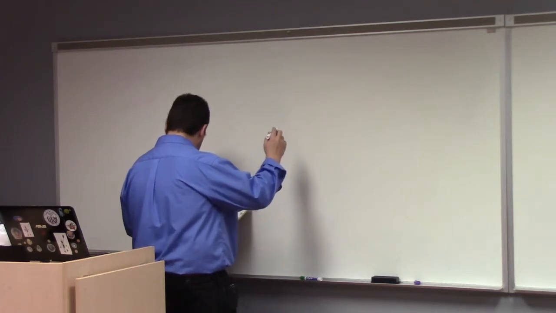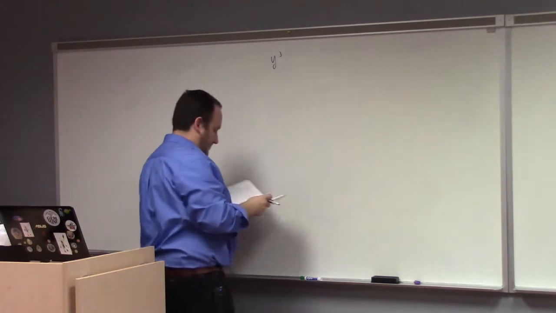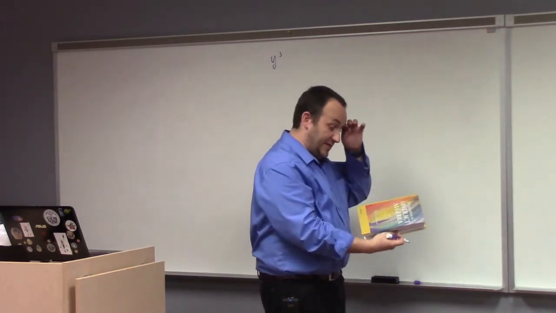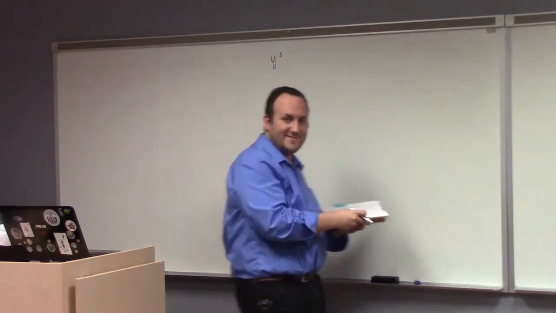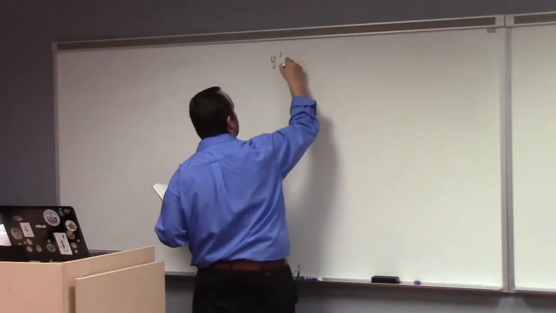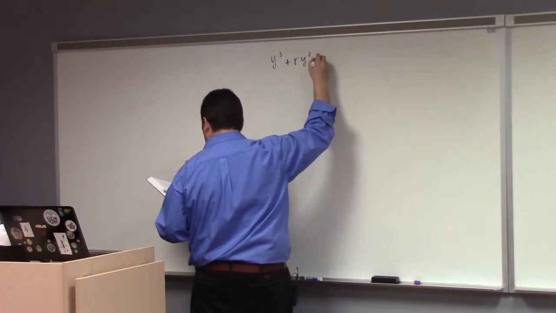So he starts with y cubed plus r y squared plus s y plus t, and I'm on pages 434 to 435 of Introduction to Abstract Algebra by Nicholson, a book that none of you have. This will be very much like what I talked about.